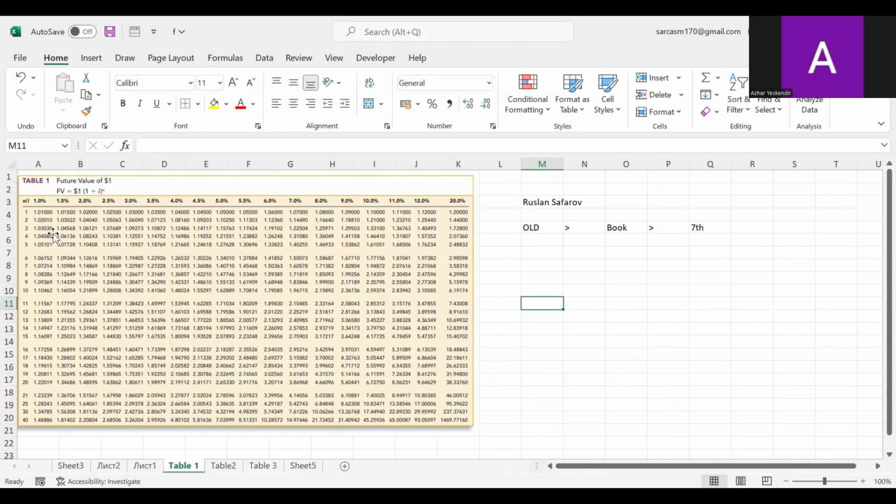Let's find in this line our answer. Our answer is 1.411. So it's here, 1.4116 we've got. It's super close.